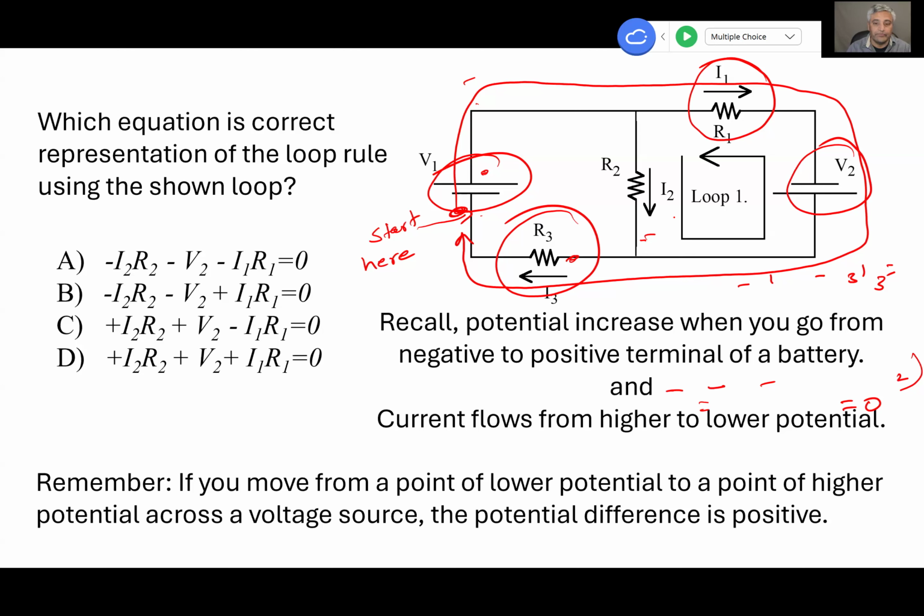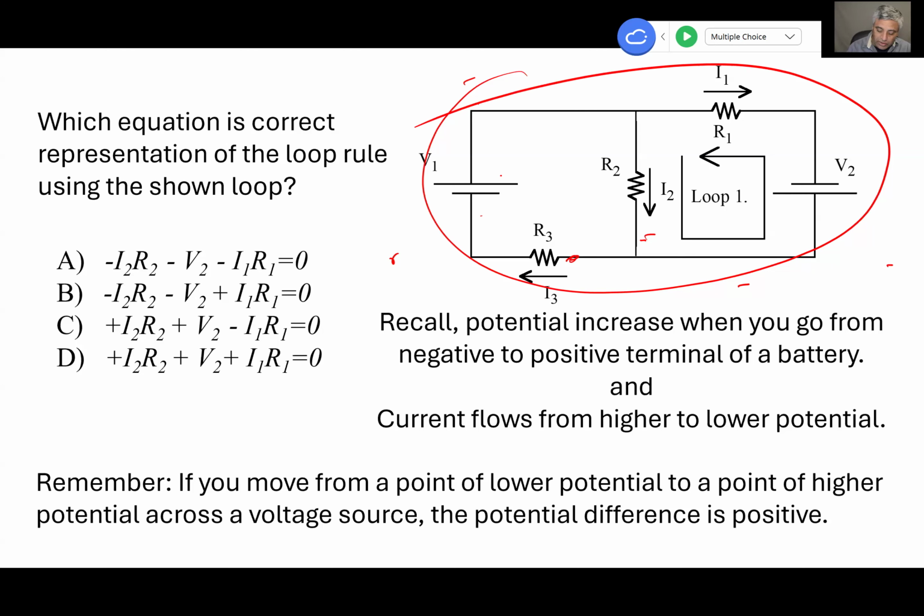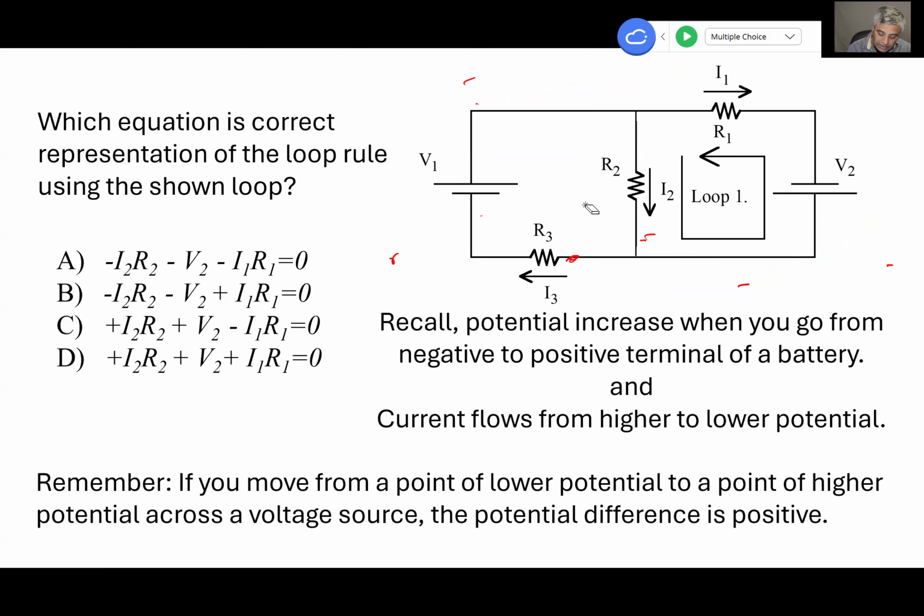Which one is negative? Maybe I'll let you do that. And later, or tomorrow, or sometime, if you want to show me your work, draw this outer loop and draw a clockwise loop, just like I drew. Did I draw a clockwise loop? I think so, yeah. That's what I did. And then write the equation. That way I can see what you are doing and can tell you whether you are doing it right or wrong.